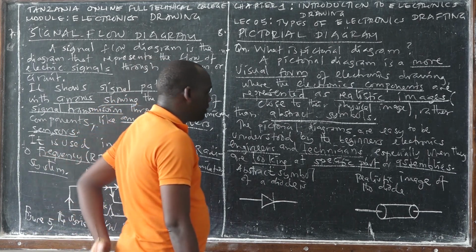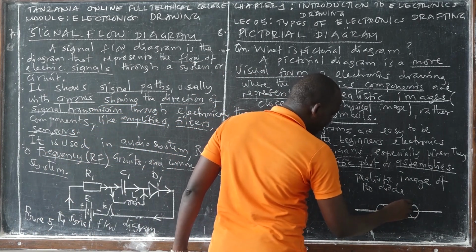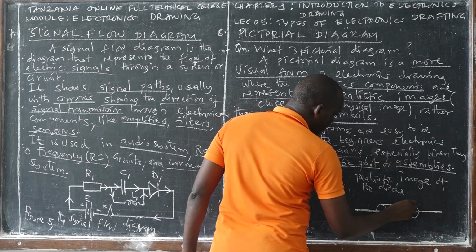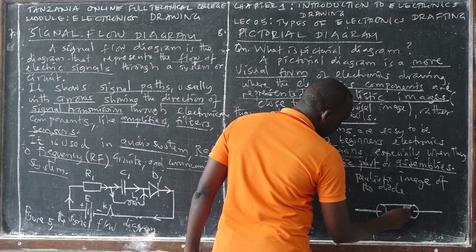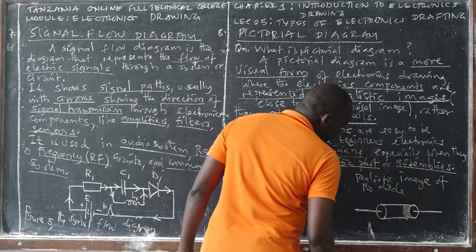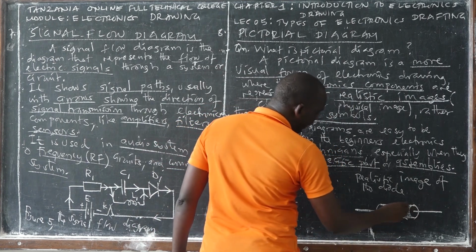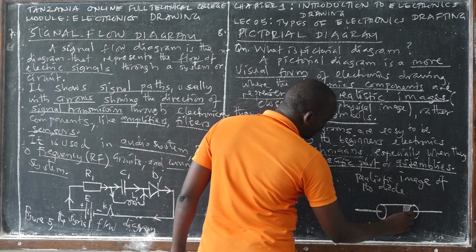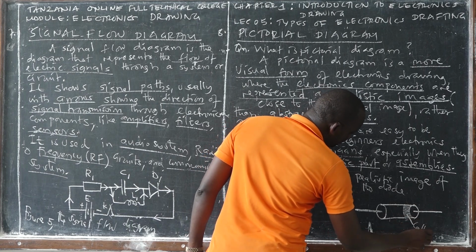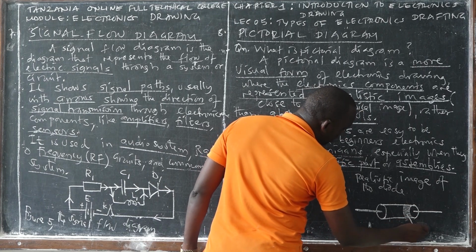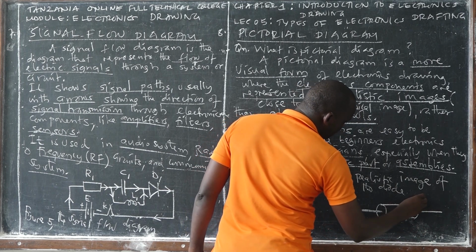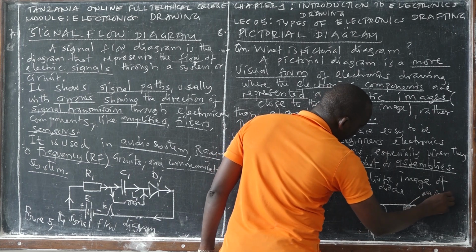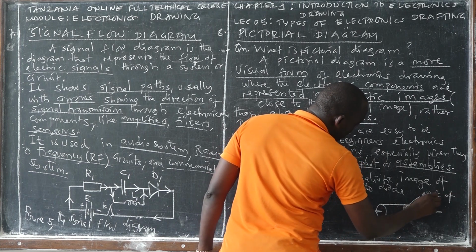In this realistic image of the diode, you find that one terminal has a white color. This color is a mark that shows this is the cathode.